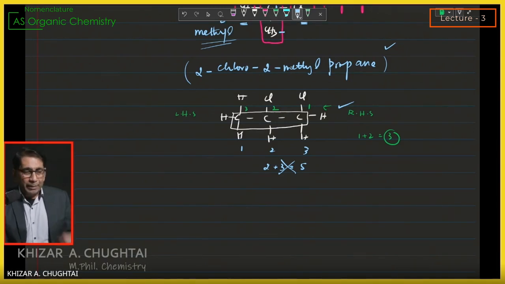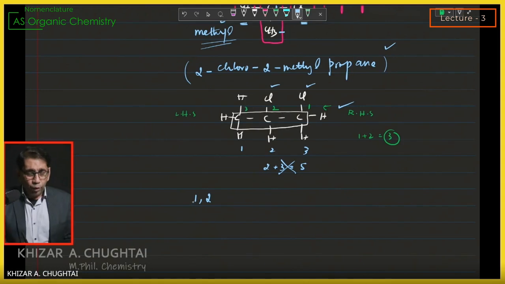So what will be its name, generally speaking? As I told you, these are also treated like branches. So there are two similar branches, one at 1, the second one at 2: 1,2.